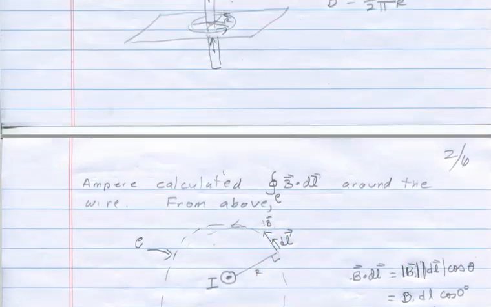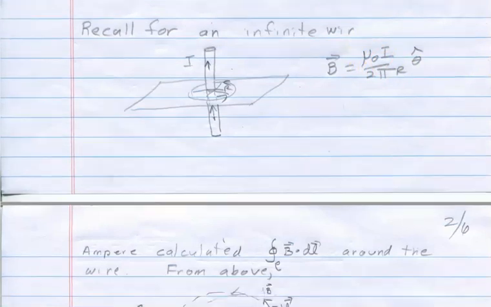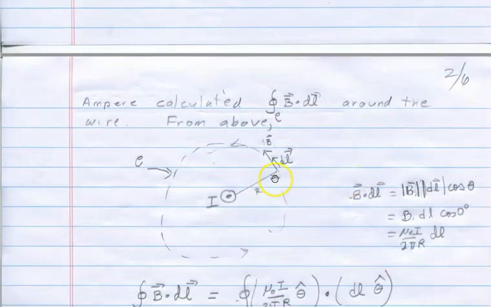It's just given by this expression here, at least the magnitude of it, and it's in this direction. I'm at a distance r, and I have defined a curve C that's a circle with the center at the center of the wire, and then dl vector is a little infinitesimal segment of that in the same direction in this case.